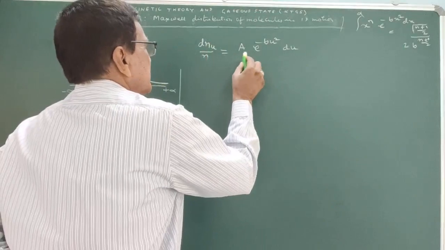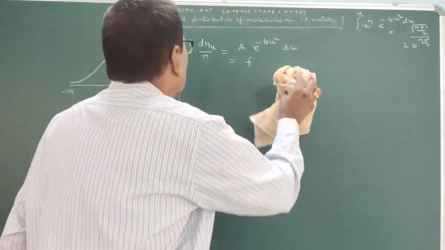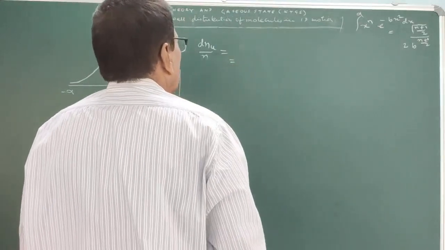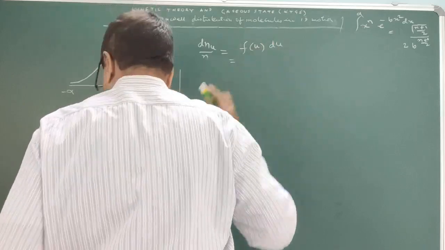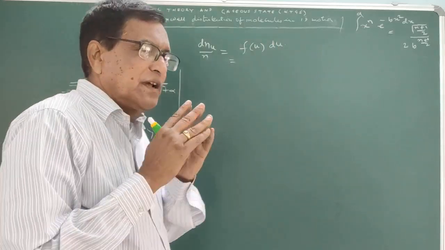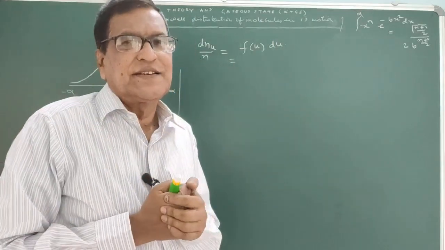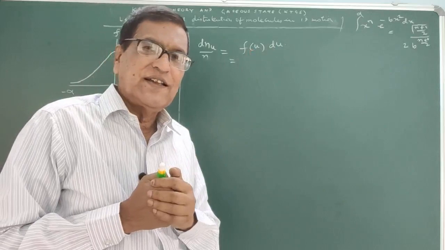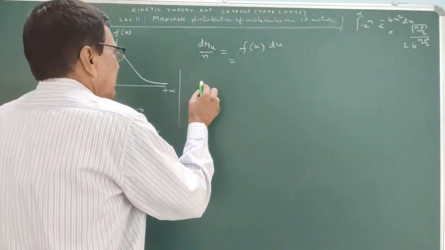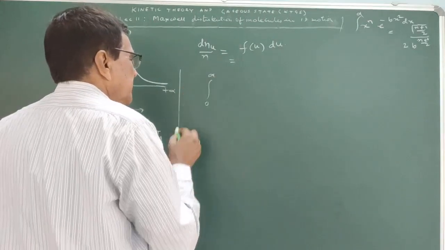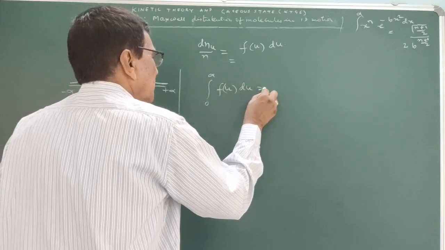In this case it is A, and du. If we do the normalization, if we put this normalization condition on this distribution function, whenever the molecules will be moving 0 to plus infinity, then the integral from 0 to plus infinity of f(u) du equals 1.